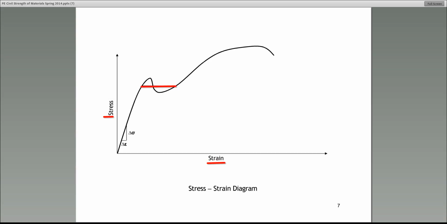Tell me, mathematically, if a portion of that curve is a horizontal line, what is that telling us about the relationship between X and Y? If you can answer that question, then you will have a good understanding of what actually happens when a material yields. So who can tell me, based on what I've said, what does it mean when a portion of the curve is just a straight line?